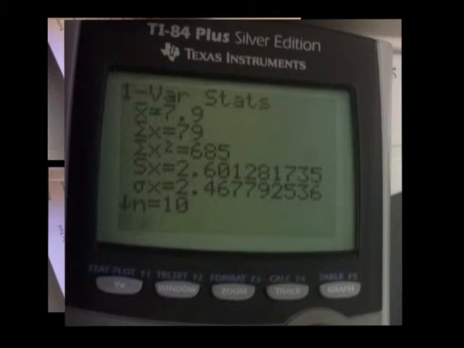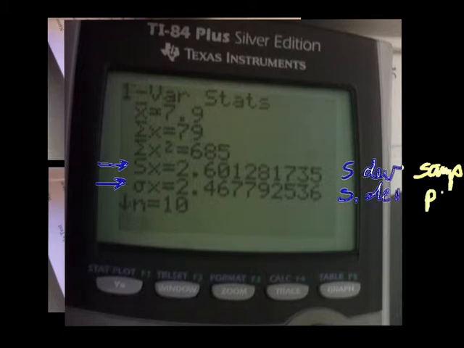So what you'll see on the screen is, as I've said before, the things that we need turn out to be the Sx and the sigma x. And so on the calculator, these are the notation for the standard deviation of a sample and the standard deviation of a population.